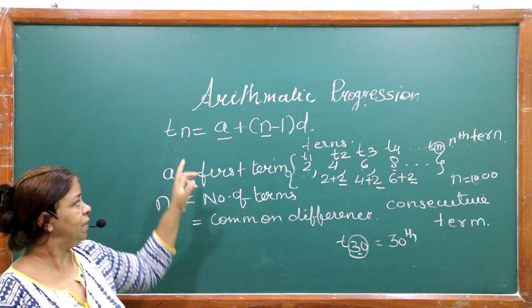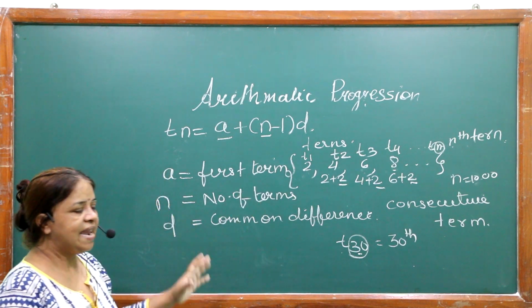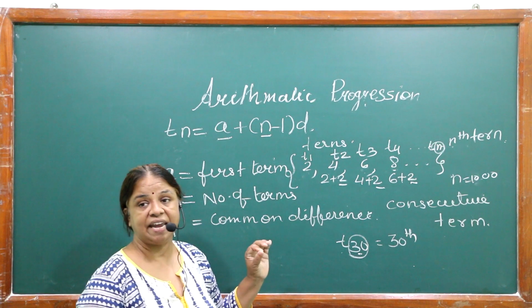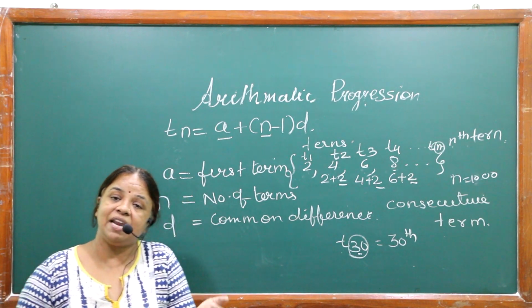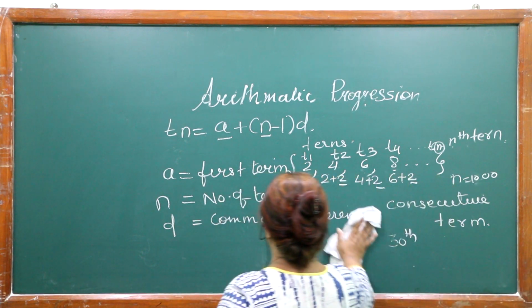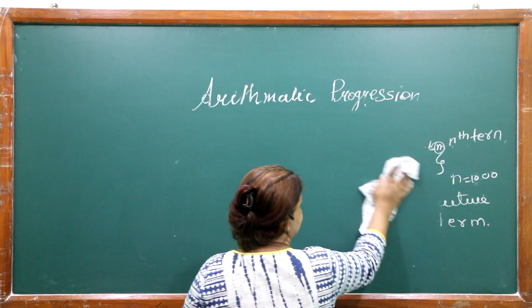So many sums are based on this formula. So many terms you can find based on this formula. Now we will be doing exercise 3.1 to identify whether the terms are in AP or not. Let me rub the board. So we go for exercise 3.1.